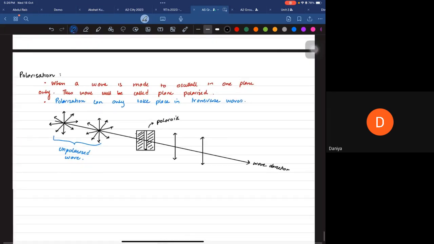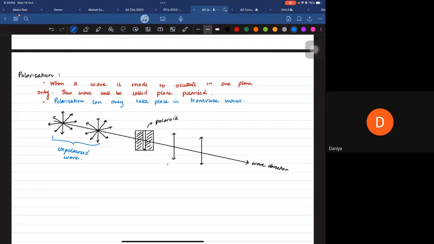So now what you get, after passing through it, is polarized in vertical plane only. Is it clear, everyone? Basically, I just want to explain this using waves as well.